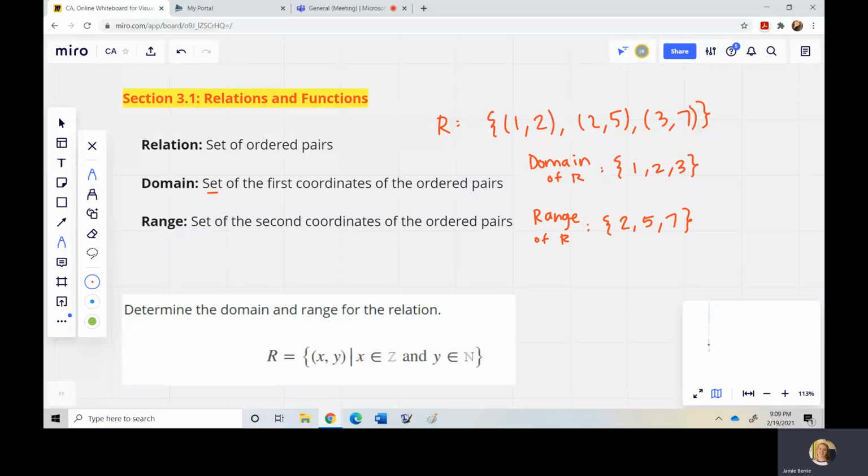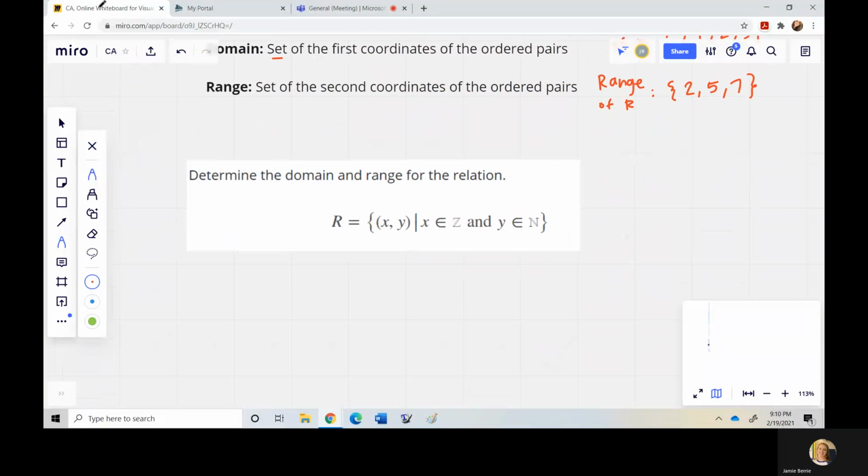Let's look at an example from the homework. We'll call this number 1. It says determine the domain and range for the relation. If you remember, this is called set builder notation.